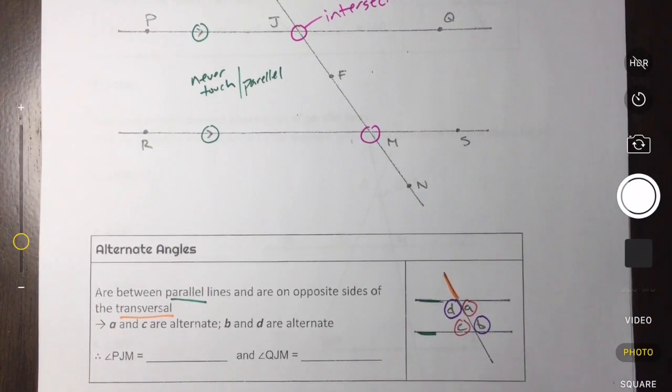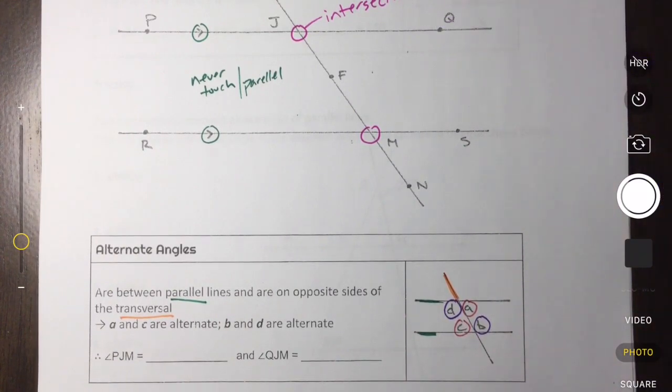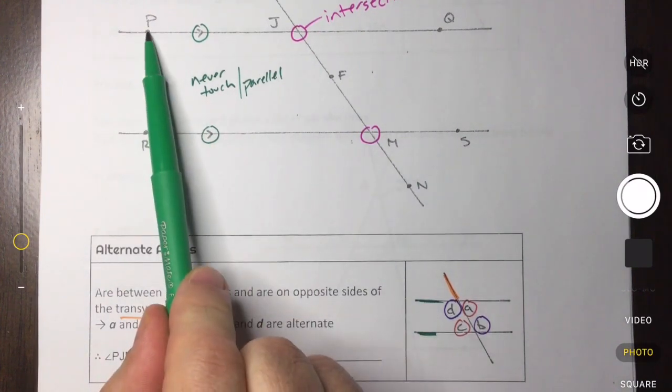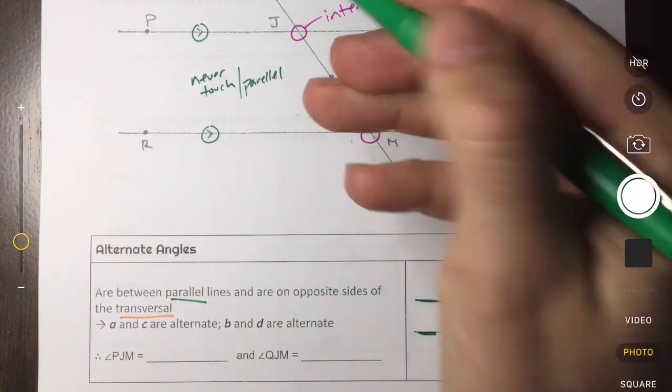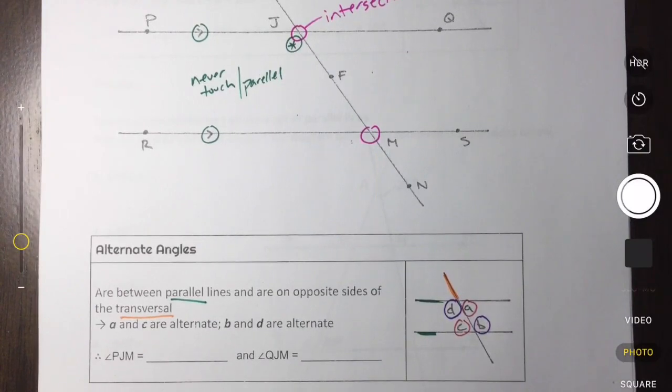So if I take a look up into my original larger version up here, and I look for angle PJM, so I find P, J, and M. So the angle I'm looking for is right there. What I have to think of is what congruent angle is going to match that angle or have the same measurement, given the fact that it is between parallel lines and on the opposite side of the transversal.